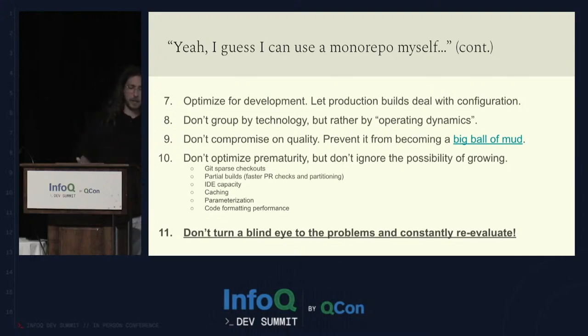Then number 9, don't compromise on quality. Be thorough about the decisions you make and why you're making them, because otherwise you can become a big ball of mud very quickly. So say no if some people want to put a bunch of code in your monorepo just to solve an immediate problem that they might be having.